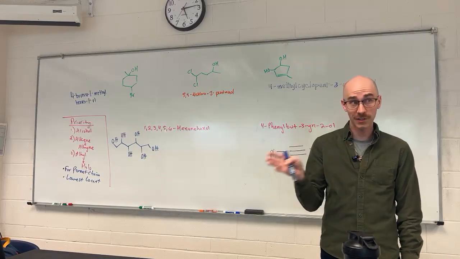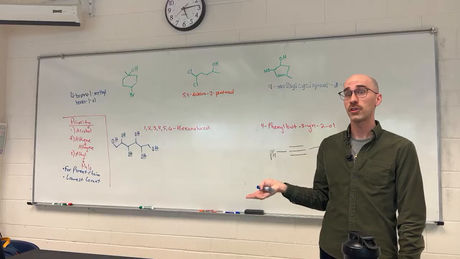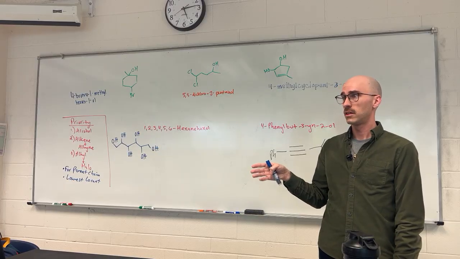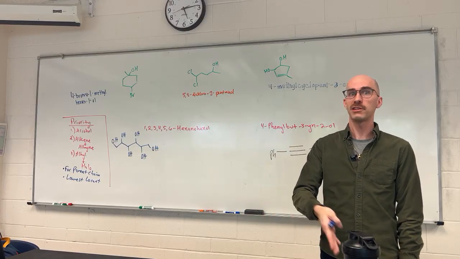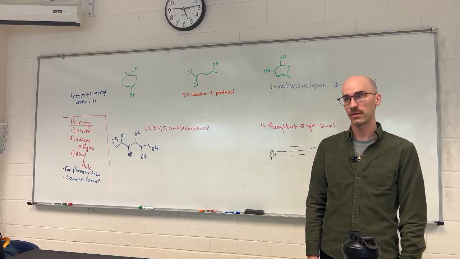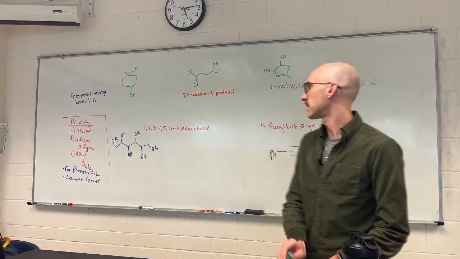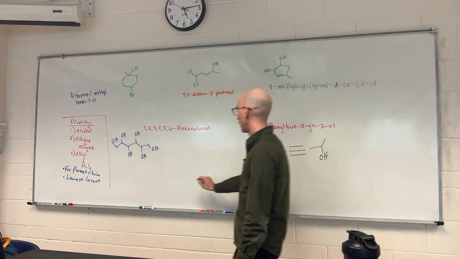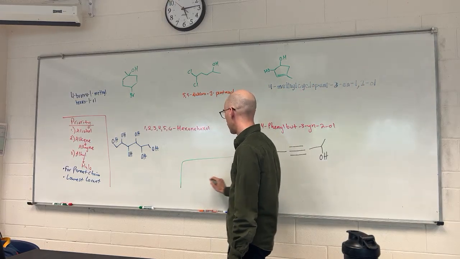You don't necessarily find the longest carbon chain. You find the longest carbon chain that includes the highest priority functional group. I don't think I'm going to give this to you guys on this exam, so I'll give you one excerpt that proves this.